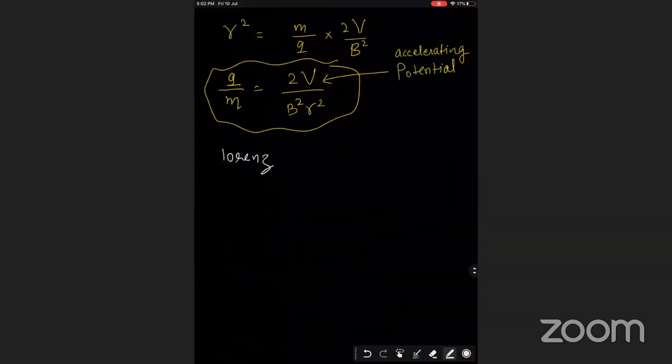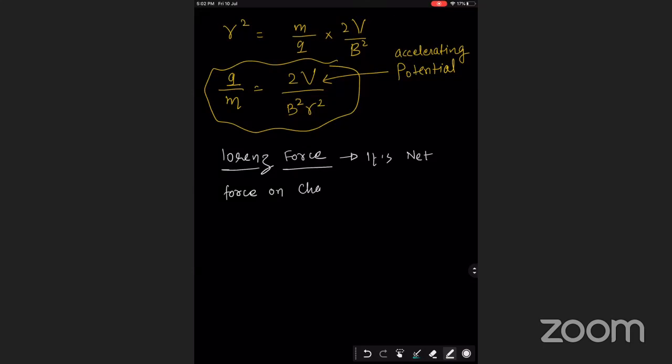Done, sir. Lorentz force. Now what is this Lorentz force? Lorentz force is the net force on a charged particle by electric and magnetic field.